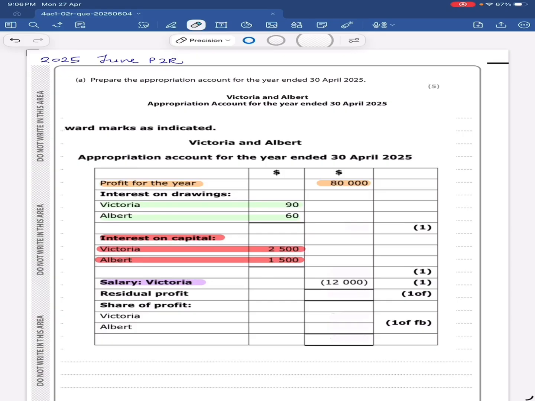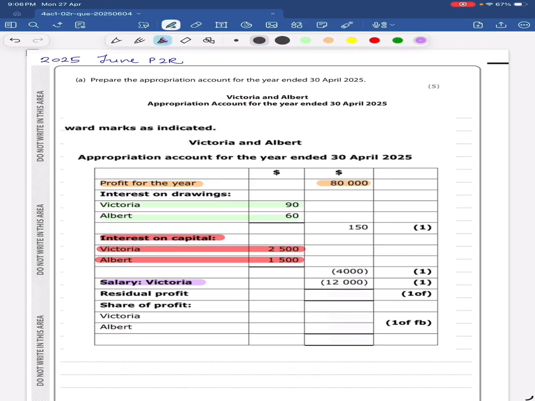Now let's total the interest on drawings. 90 plus 60 is 150. And then interest on capital, 2,500 plus 1,500 should give 4,000.